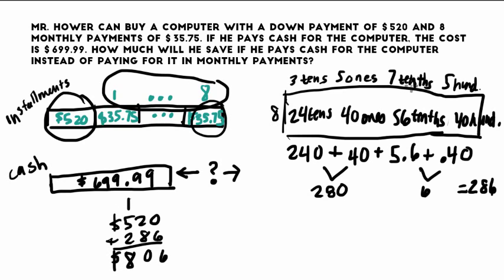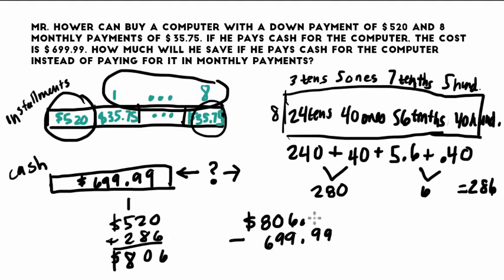So now the question asks, how much is he going to save? Well, if he just pays cash, he's going to do $806 take away $699.99. Now your problem becomes, what do we do when we have this?